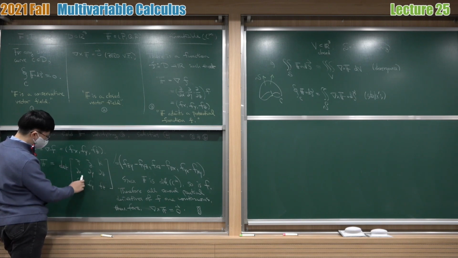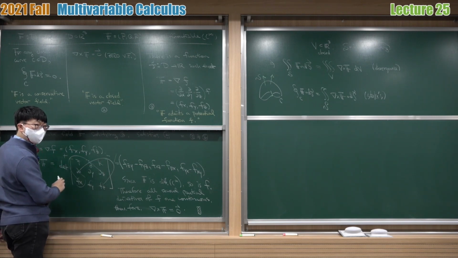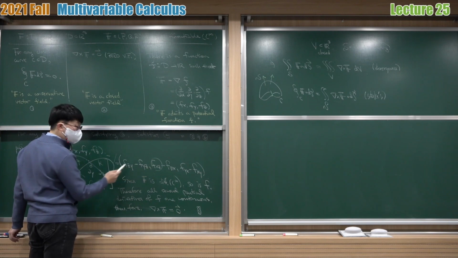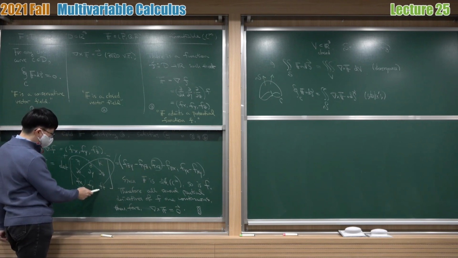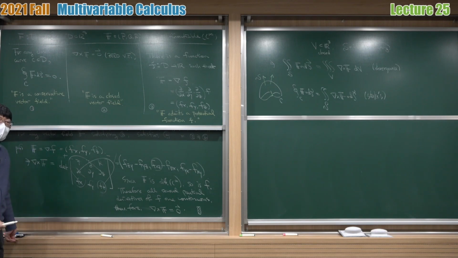You take these things as positive and these things as negative. So fxz is positive and zx is negative.